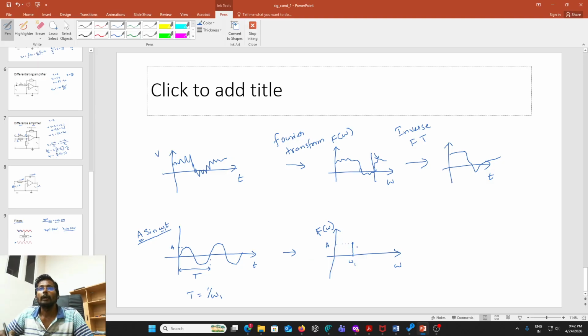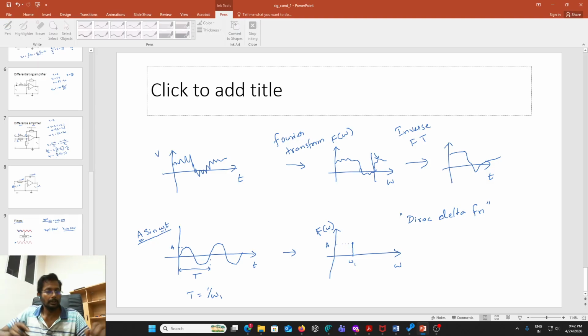By the way, this kind of signal where everywhere it's 0, only here it's A, such a function is known as the Dirac delta function. Maybe some other time we will discuss more about the Dirac delta function, but just now you get to know the name of such a function.